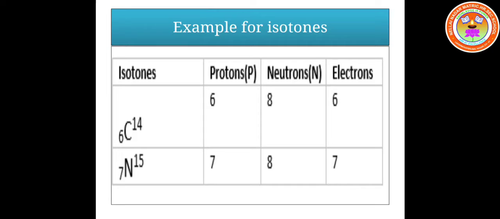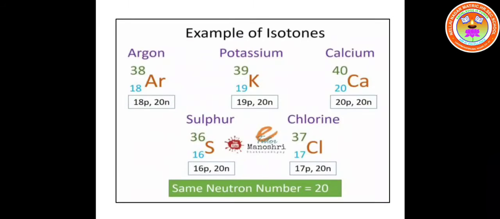Again it is equal to 8. So in these two isotopes, carbon 14 and nitrogen 15, the number of neutrons is equal to 8. So these are examples for isotones. Here is another set of examples for isotones.